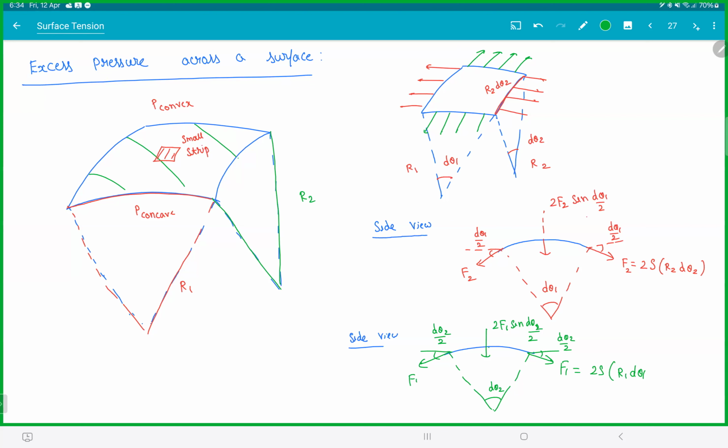Think of it like this. If you can see my screen, this is a sheet here. There is one surface here and one surface here, so there are two surfaces. One view I'm showing like this, another view like this. When you look at it like this, doesn't this look like just an arc? So how much force will there be? Surface tension into this arc length, which is r2 d theta. But the force will be pulling this way, right?